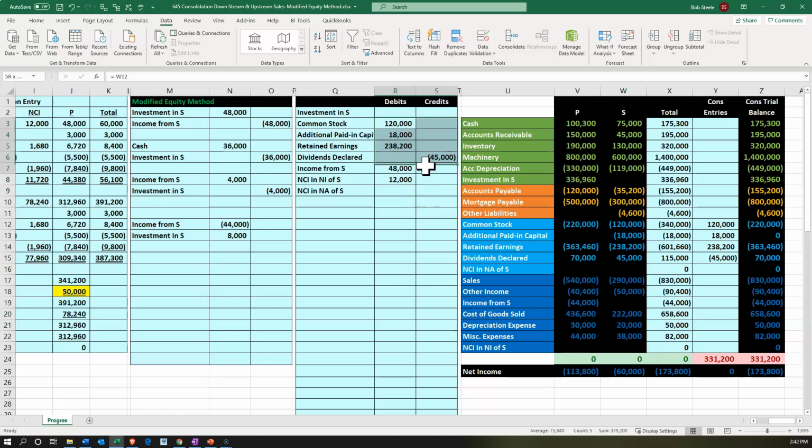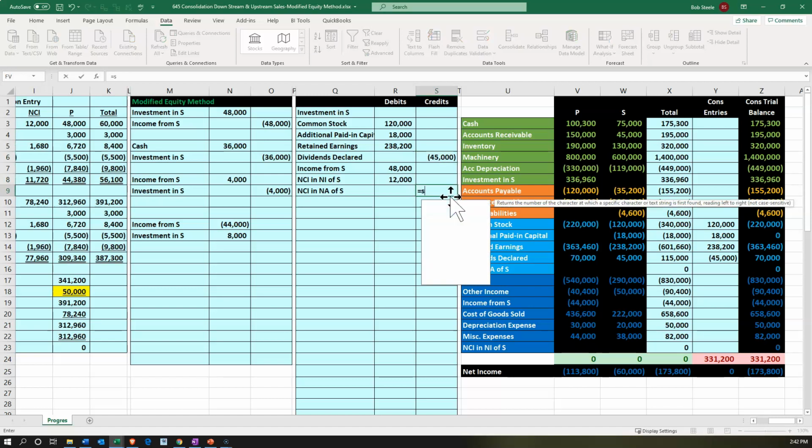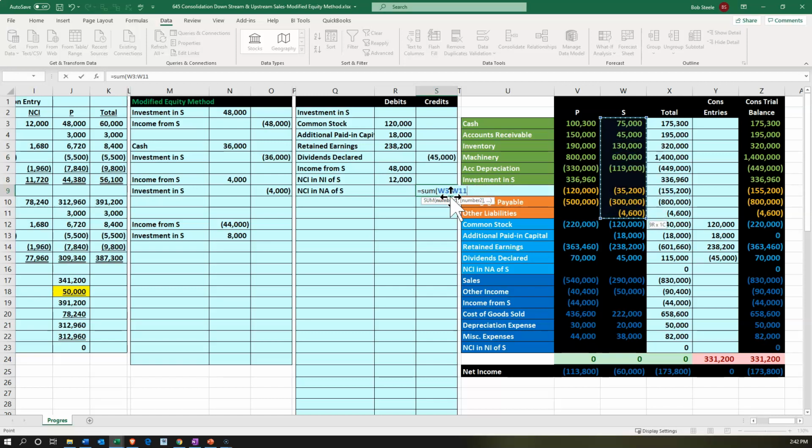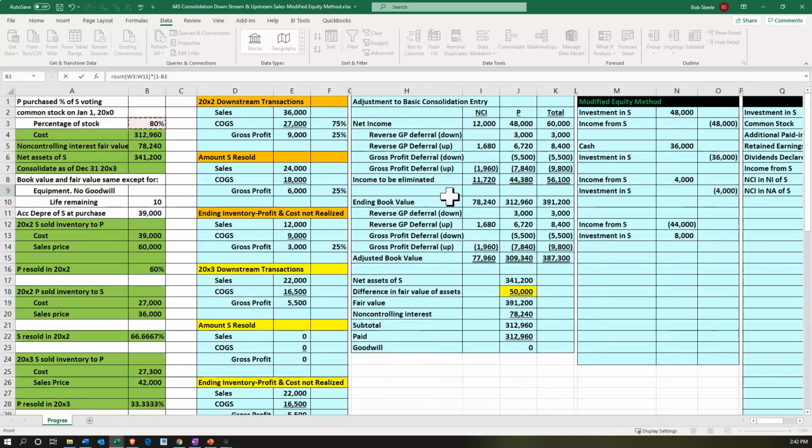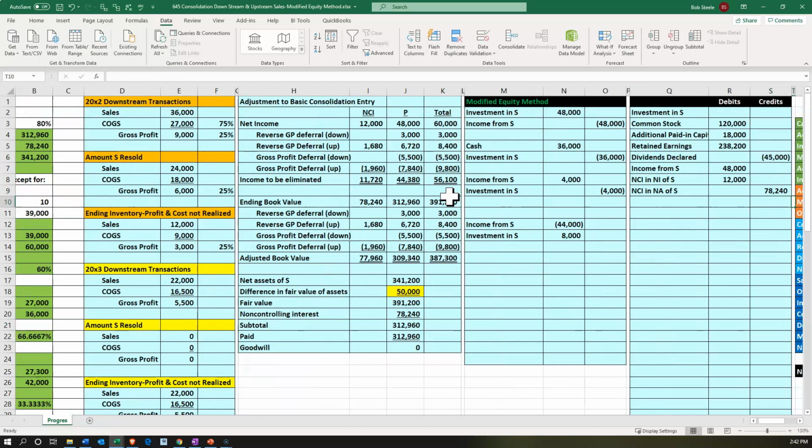Or in other words, this is what we have now, representing the 391.2, which is assets minus liabilities, which we will be breaking out between the non-controlling interest and the controlling interest reflected in the investment in S. Okay, so this is going to be the sum equals the sum. Let's take assets minus liabilities, times 1 minus the 80%. And so there is that.